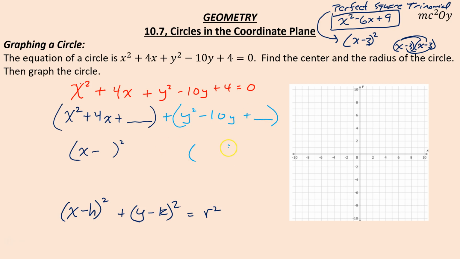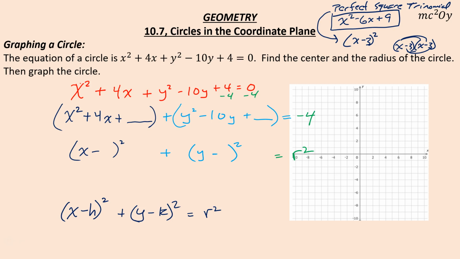That's going to break into (y - something) squared. And that's all going to be equal to, in this case, we're going to subtract this 4 over. That's going to be equal to our r squared, whatever's left over here.